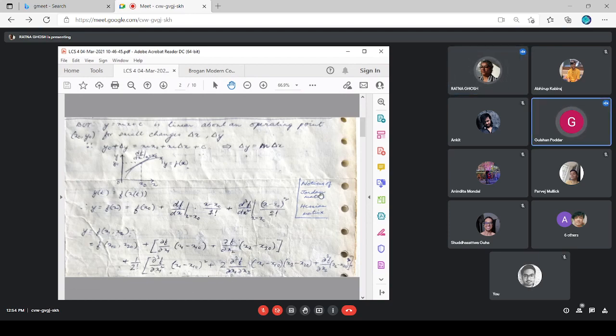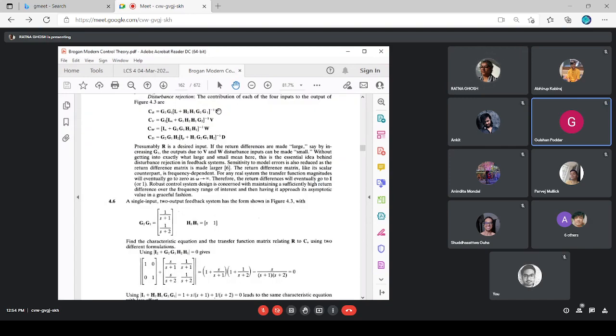Ma'am, it's like the Jordan matrix. If the function is vector valued, then only we are talking about the Jordan matrix. Yeah, if there are multiple inputs. Now got it. Now let me just try and show you.